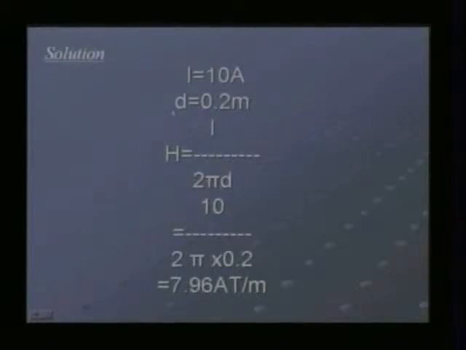In the given problem, the current passing through the straight wire I is equal to 10 amps.